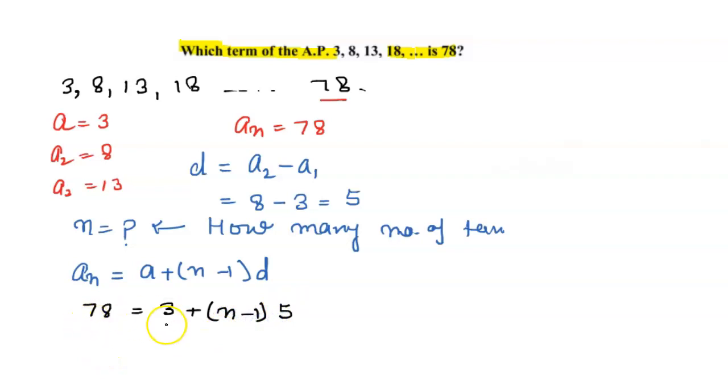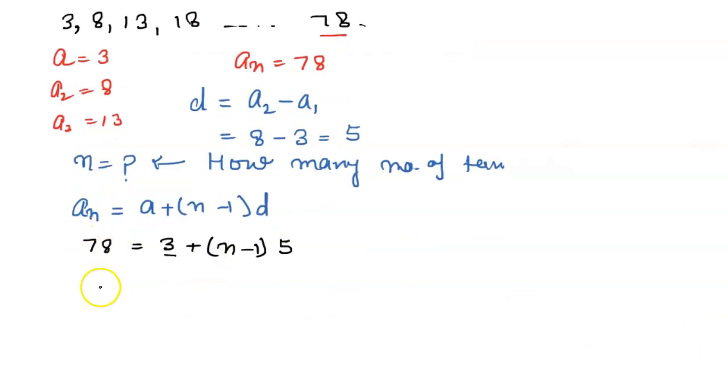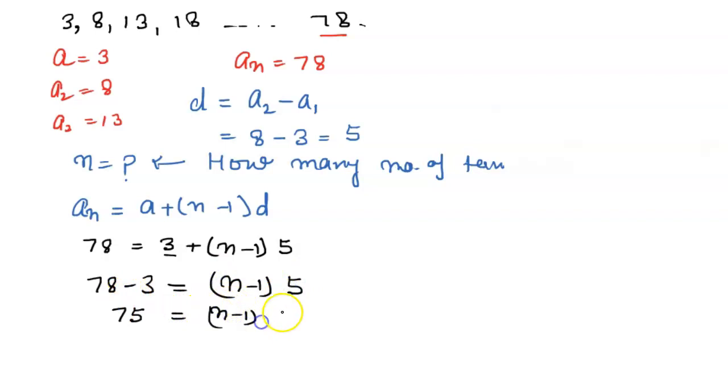Now simplify this. Here 3 is positive, and when it is shifted to the left-hand side it will be negative. 78 minus 3 is 75, equal to n minus 1 into 5.